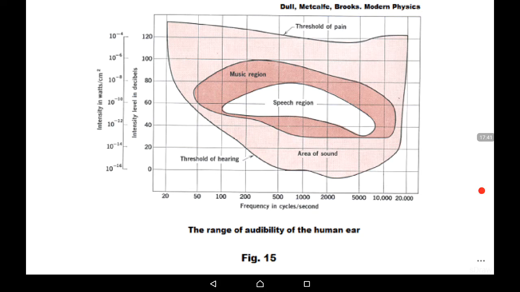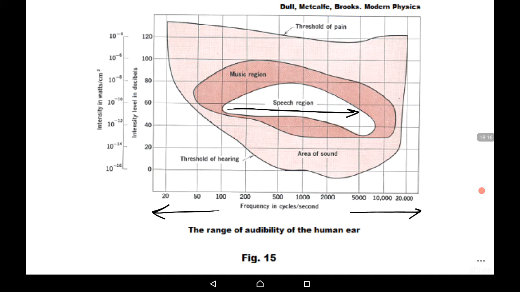The range of audibility of the human ear is shown here. So the lowest frequency is about 20 or 50 hertz at the left part of the graph, and the highest frequency that the ear can hear is 20,000 hertz at the right part of the scale. The threshold is different for different frequencies. The lowest threshold and the highest sensitivity is in the speech region.